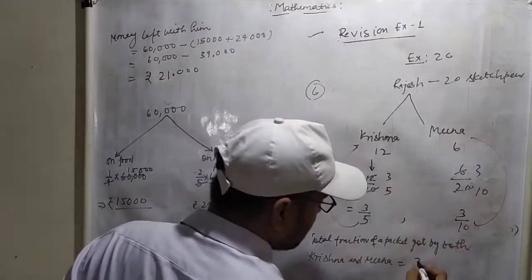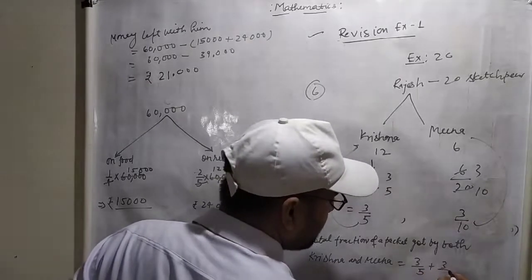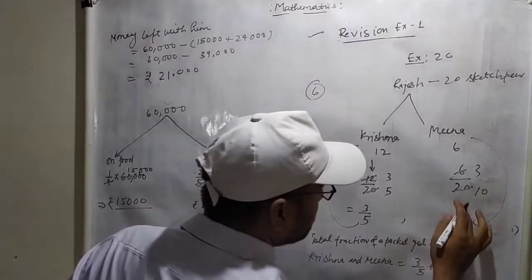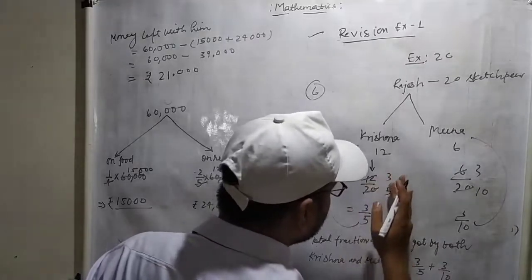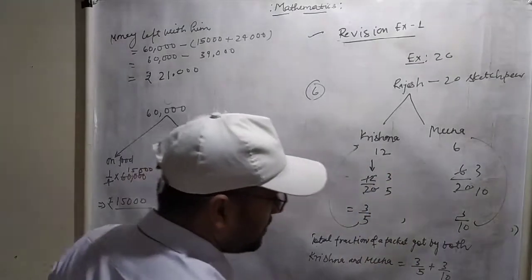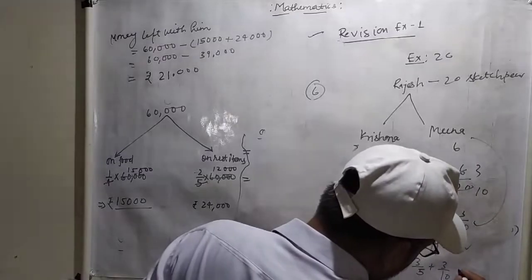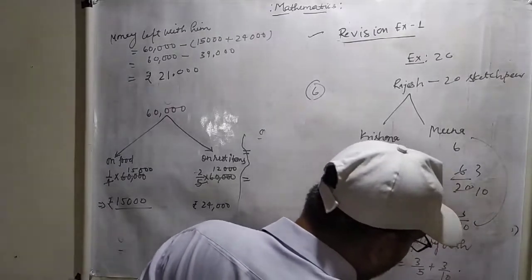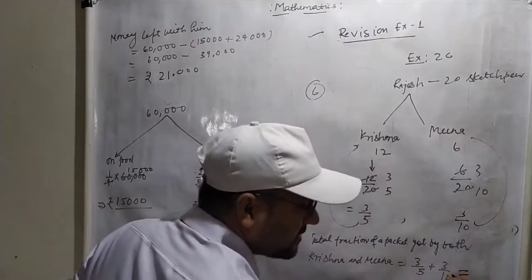I'm going to add this one: 3/5 plus 3/10.